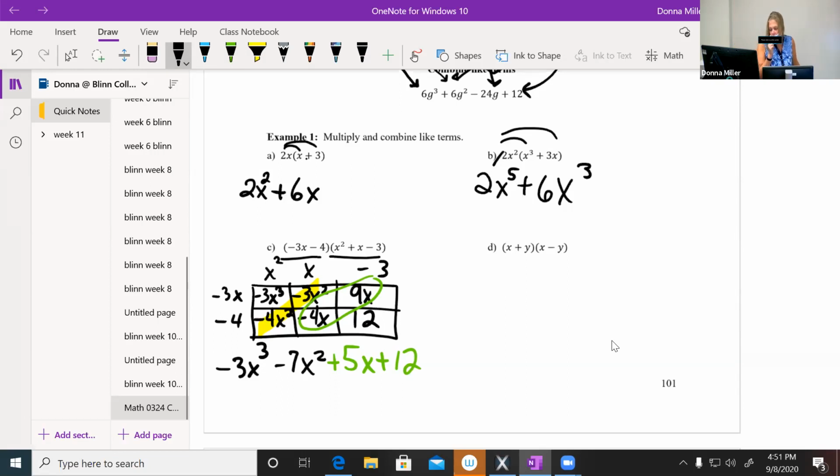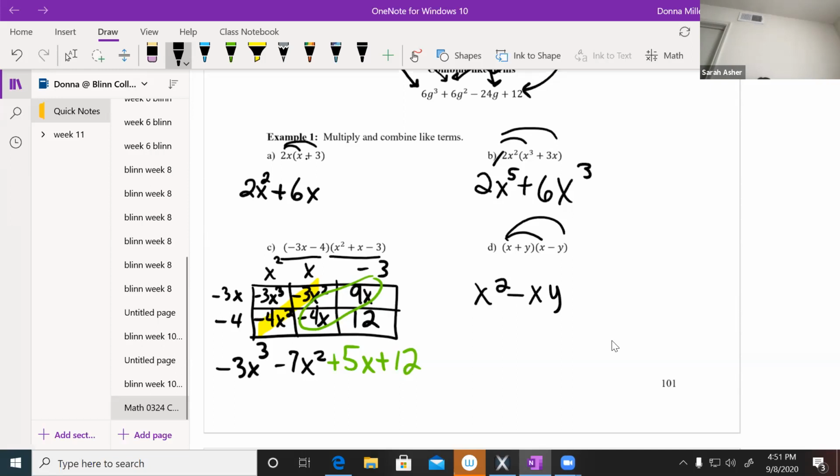Okay, so again, I do every term by every term. I'm going to multiply x by x, so I get x squared. x by negative y is negative xy. Then y times x, I'm going to write that as xy. And y times negative y is minus y squared.